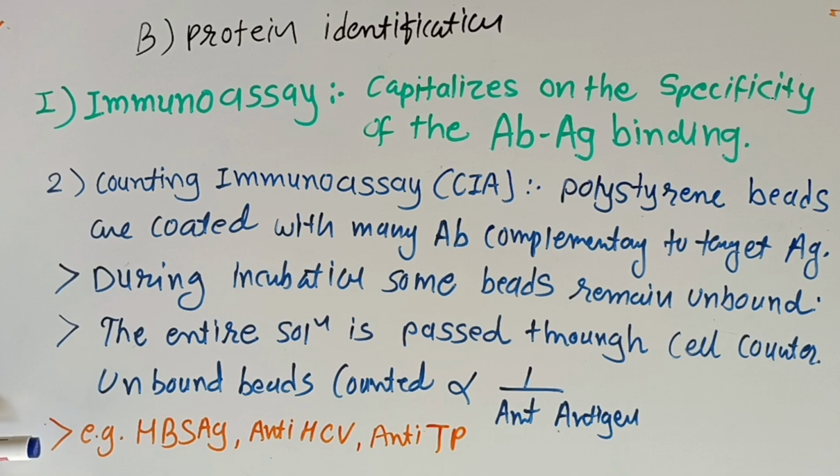For application, it is used for hepatitis B antigen identification, anti-hepatitis C virus identification, also for anti-TP, that means Treponema pallidum antibody detection, and also for whole blood sample counts. Okay, so these are the applications of counting immunoassay.